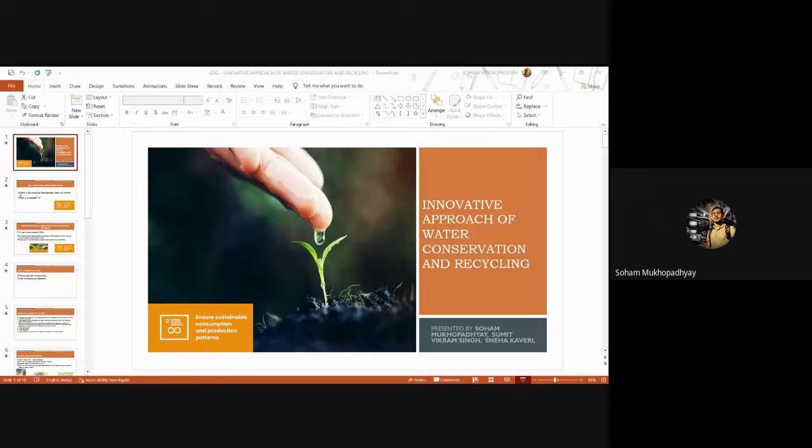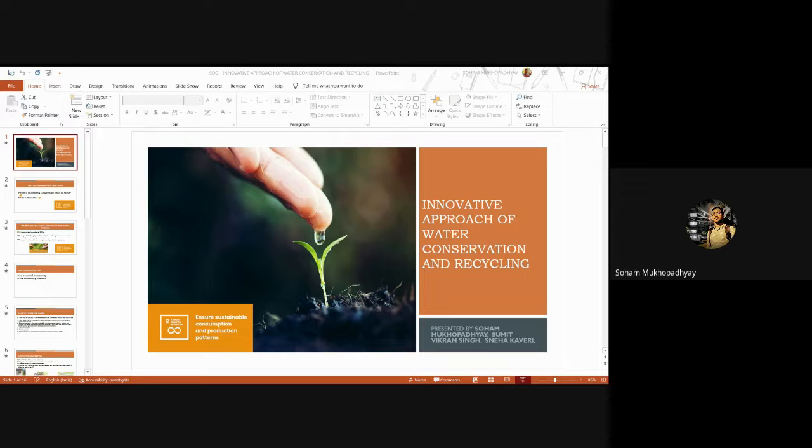This 12th goal ensures sustainable consumption and production patterns. And relating to this, we would like to give some ideas regarding rainwater harvesting and how we can utilize it in further production and normal usages.